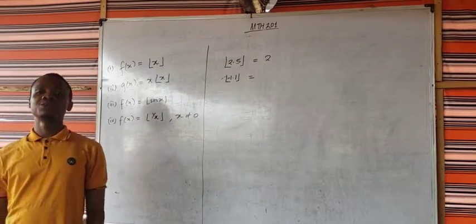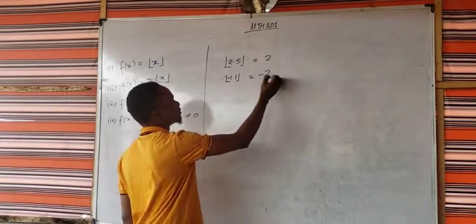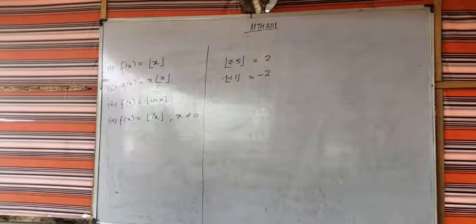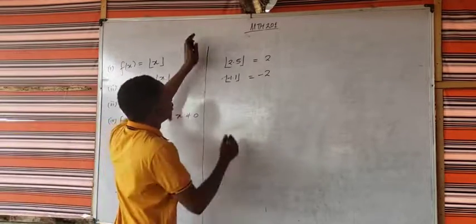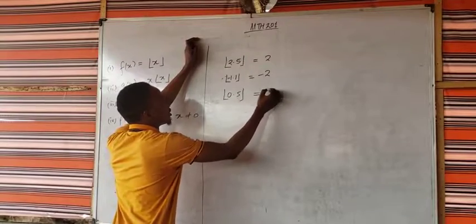That's the greatest integer less than or equal to minus 1.1. Do you understand that? Minus 1 is greater than minus 1.1. You are taking it to the floor. And if you take that of say 0.5, what would that give you? 0.